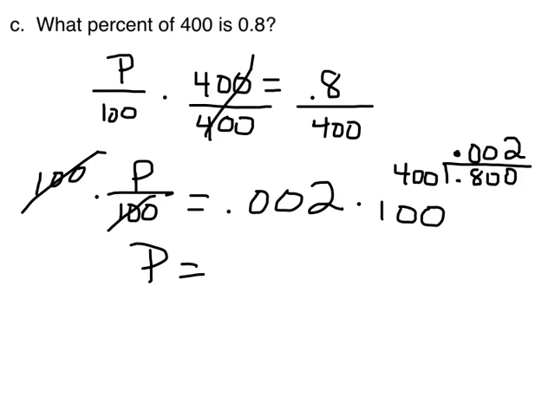P is equal to, because it's times 100 and there's 2 zeros, I'm going to move this 2 places, and P is equal to 0.2. I'm sorry, not 2. 0.2.